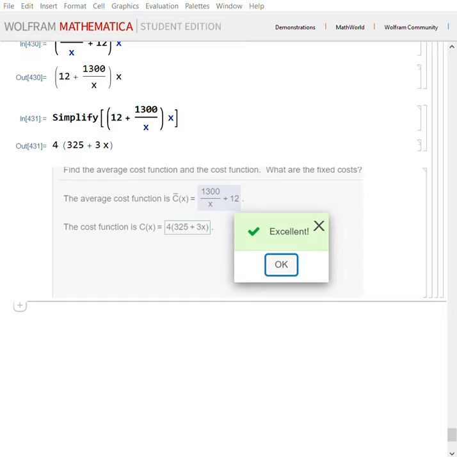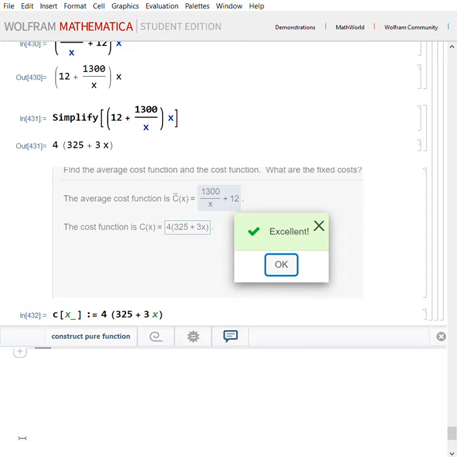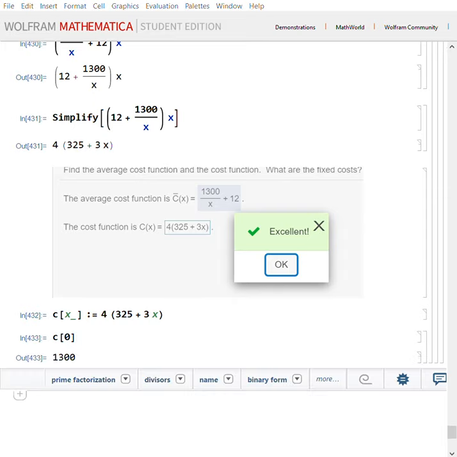So that means production is at 0. Since we know our cost function is basically c of x equals 4 times 325 plus 3x, which is a verified correct answer from above, this here is our cost function. So what's c of 0? It's 1300, and that should be your fixed costs. Let's check it, and it's indeed a correct answer.